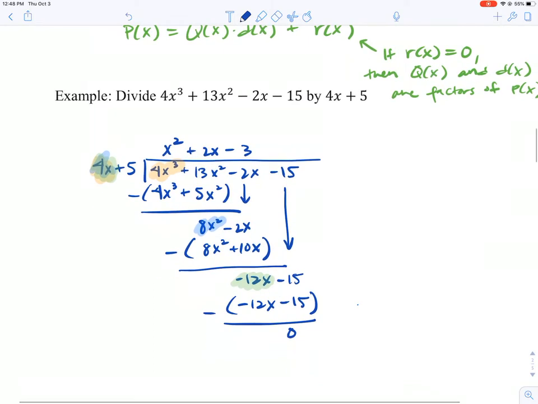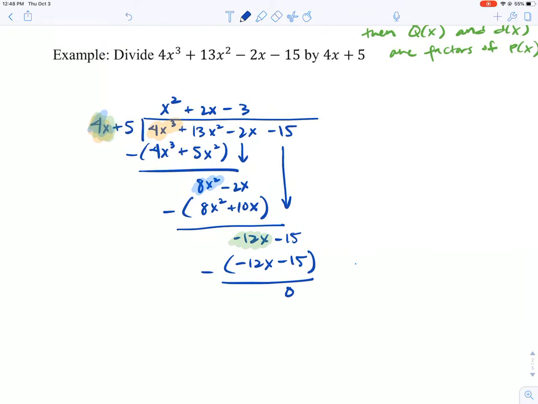And in this case, we get a remainder of 0, which means that 4x cubed plus 13x squared minus 2x minus 15 divided by 4x plus 5 is equal to x squared plus 2x minus 3.